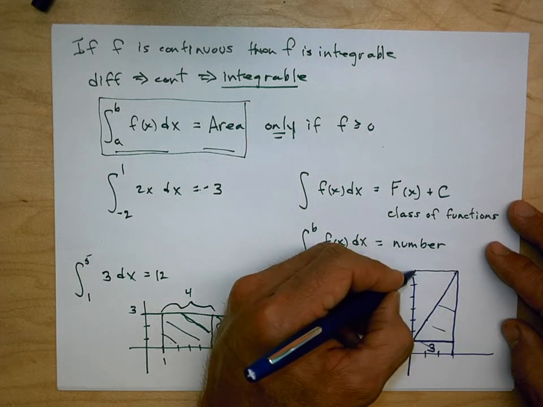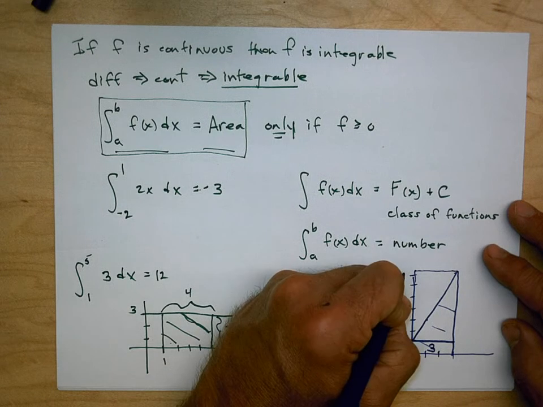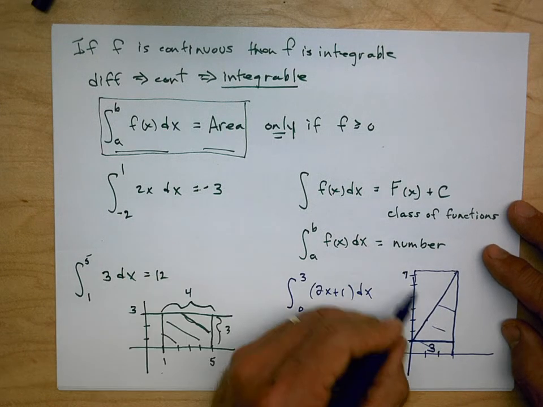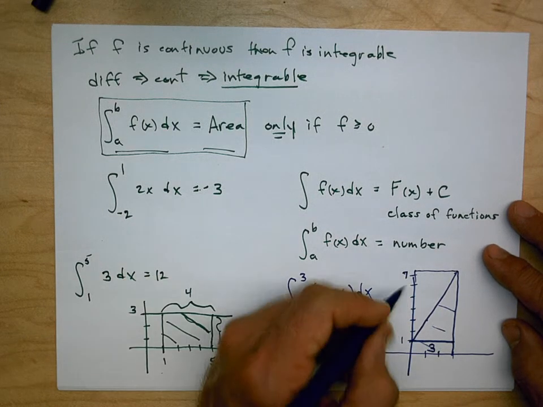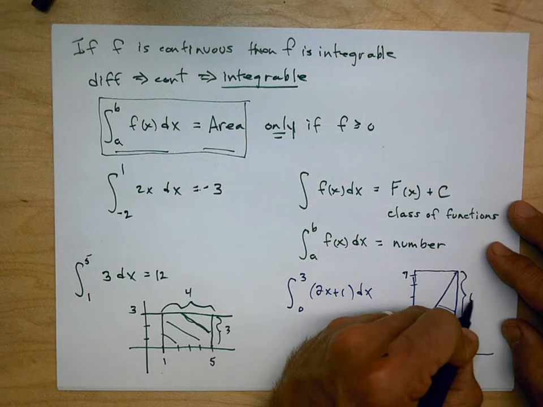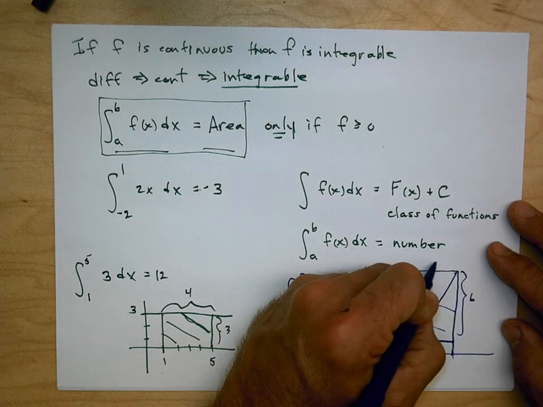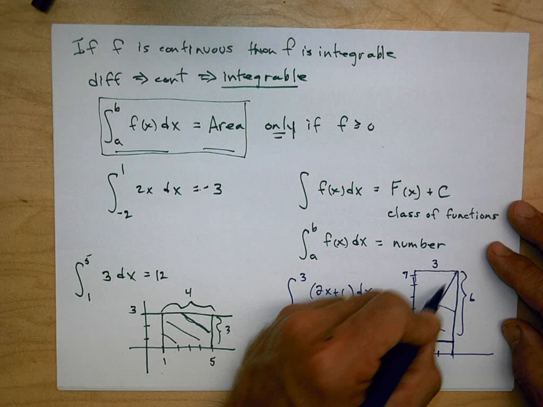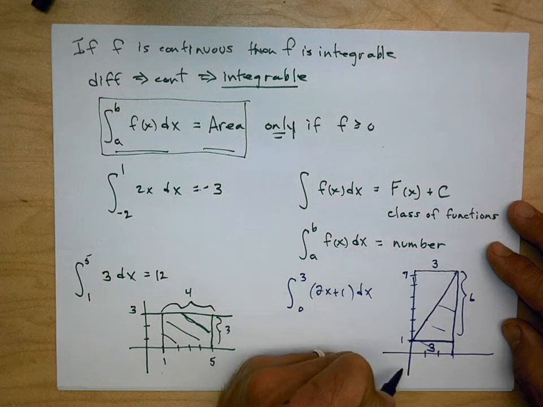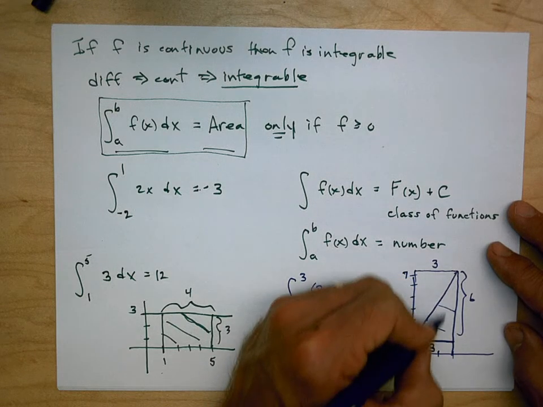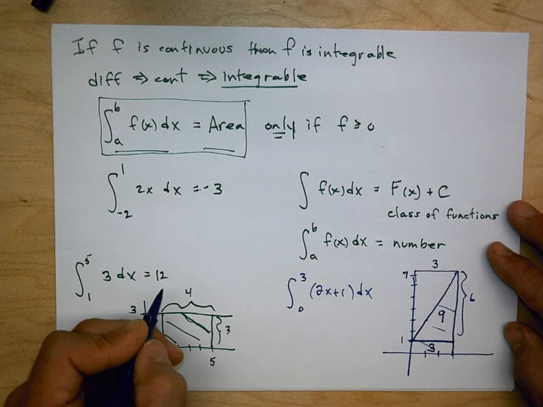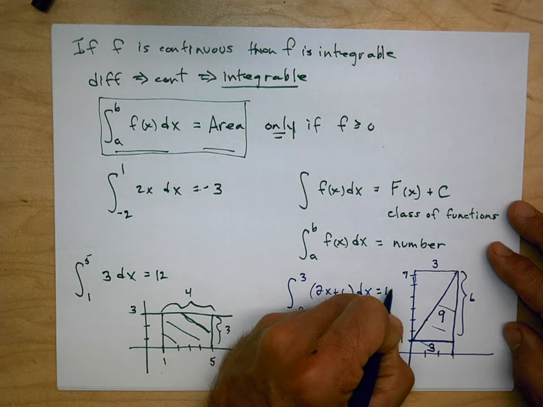So this goes up to 7. From 1 to 7, this height is 6, the width is 3, but we're only looking at half of it. So the area of the whole rectangle is 18. The area of the triangle then must be 9. So this would equal 12.